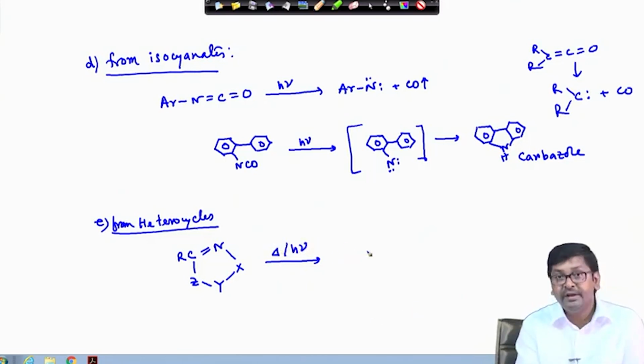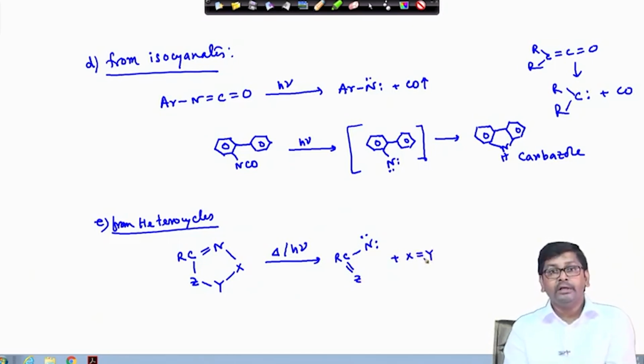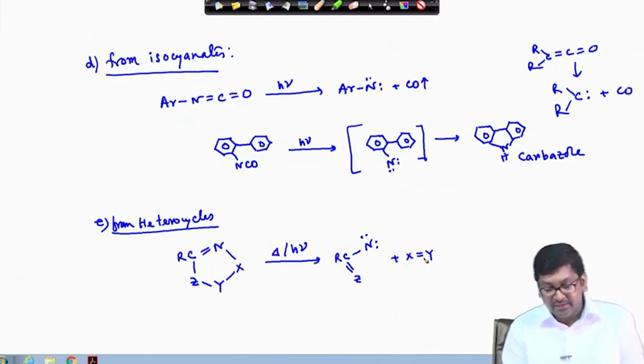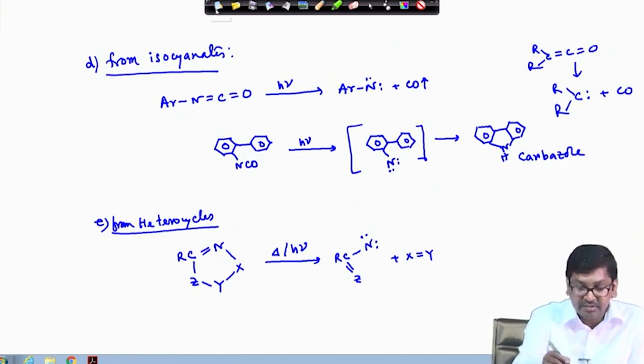This can again eliminate a small molecule and give the required nitrene species. So, these are the ways that from heterocycles also we can generate the required nitrene species.